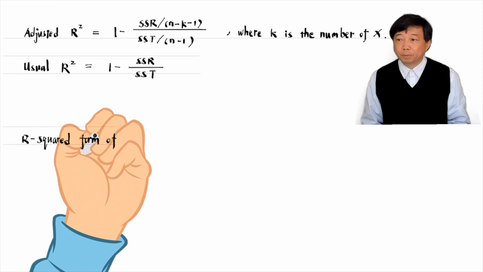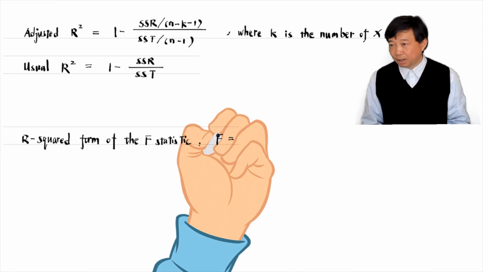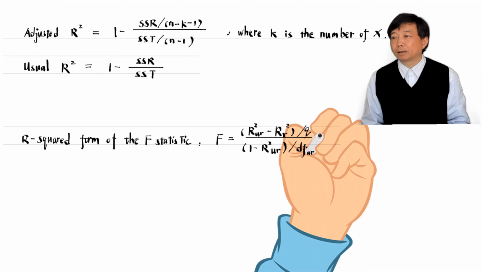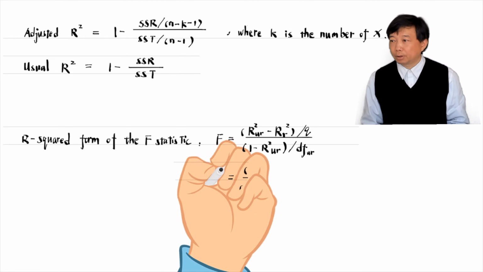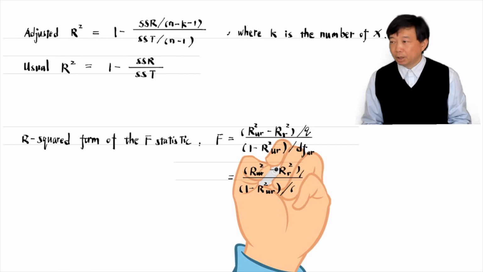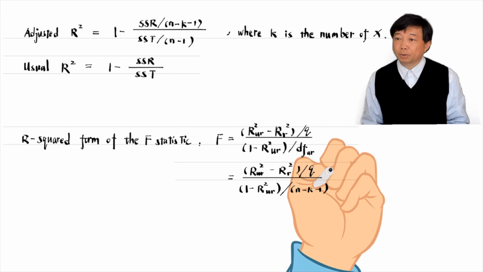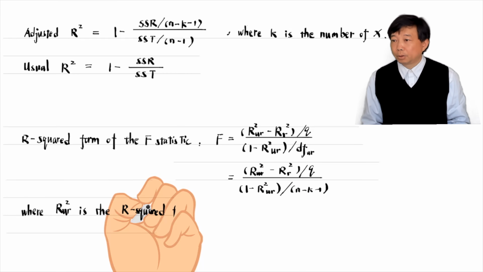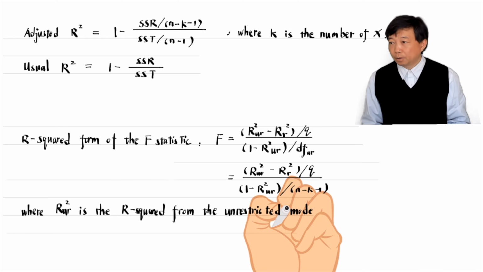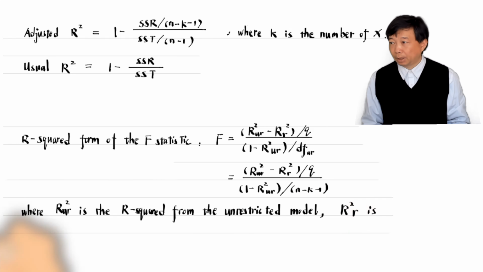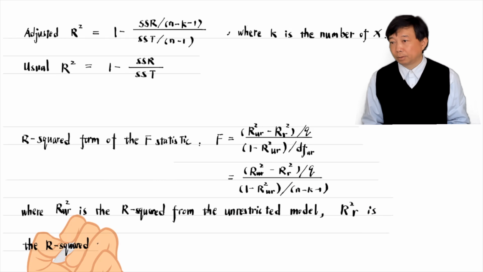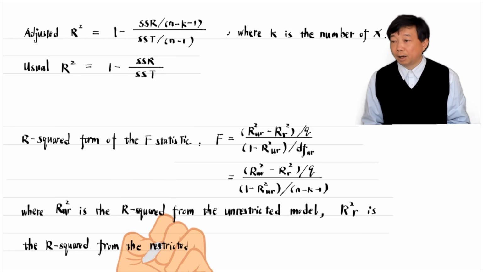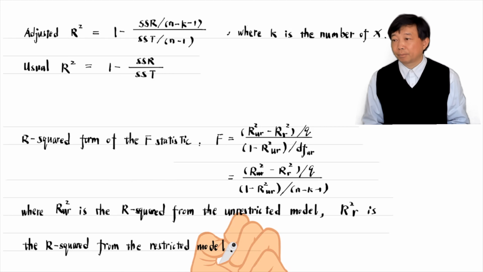From the R-squared form of the F-statistic, we find that the relative change in the R-squared determines the joint significance of the variables added to the model. We use the R-squared from the restricted model and that from the unrestricted model when we construct the F-statistic.